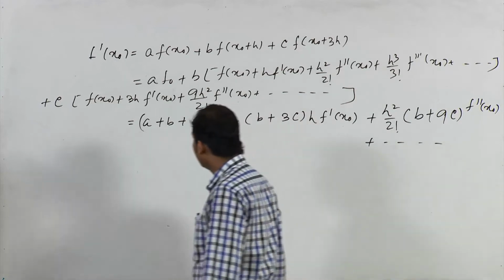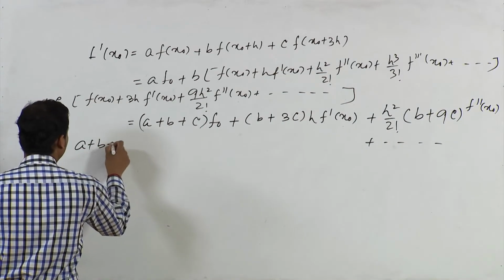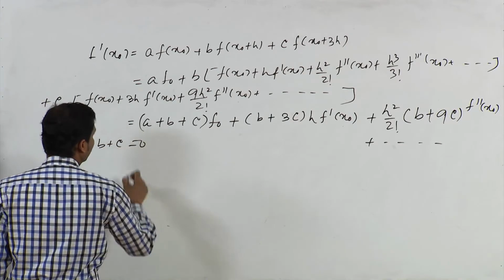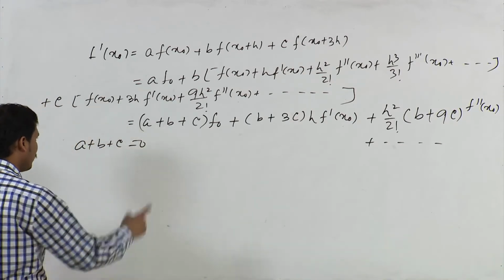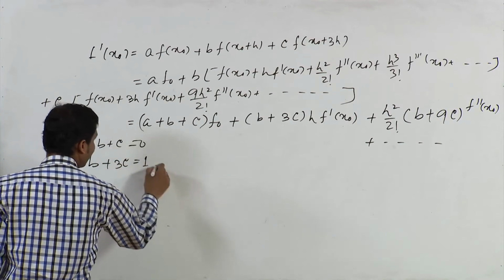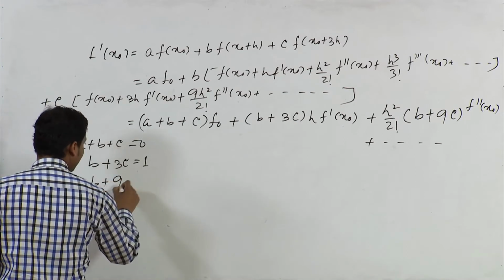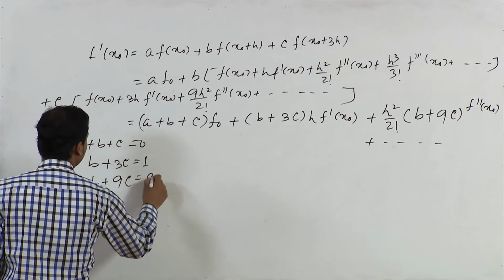Equating the coefficients, first a + b + c = 0, next b + 3c = 1, and the next b + 9c = 0.